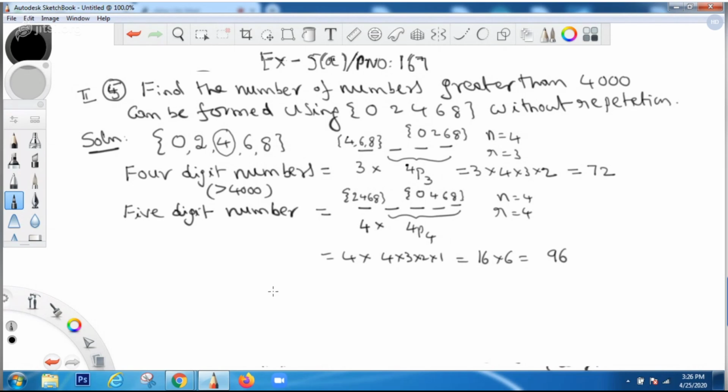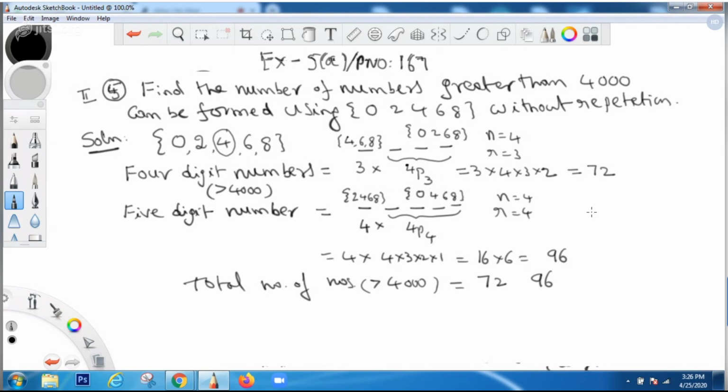Therefore, the total number of numbers greater than 4000 is 72 4-digit numbers and 96 5-digit numbers.